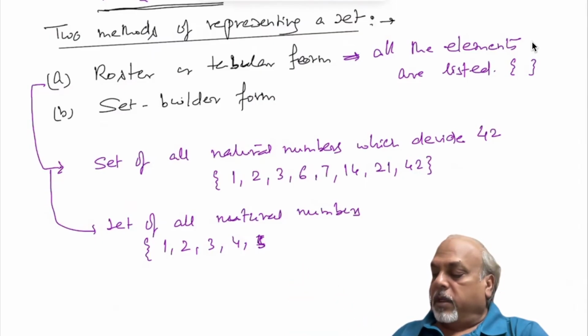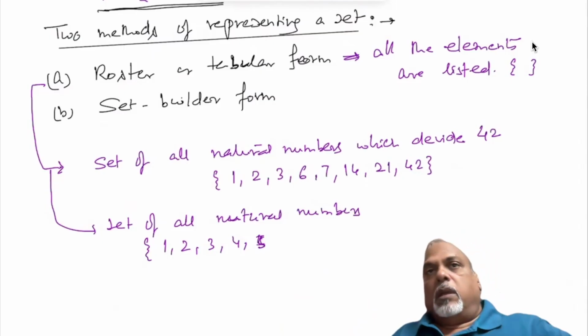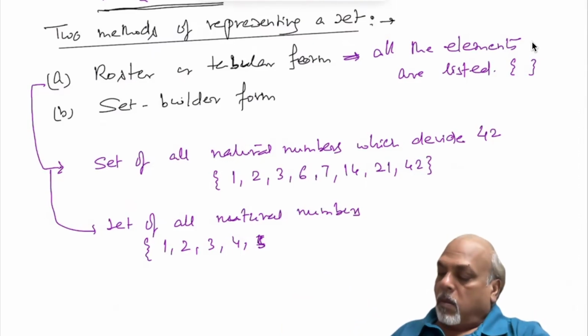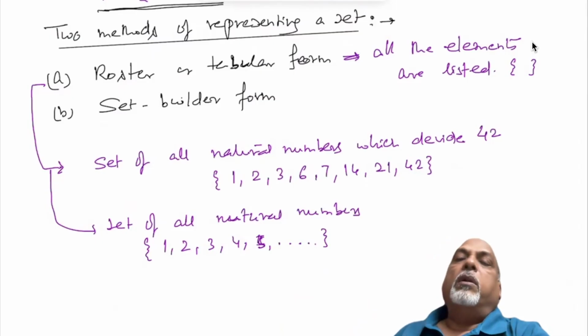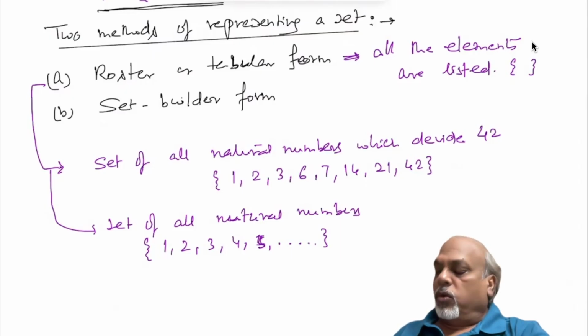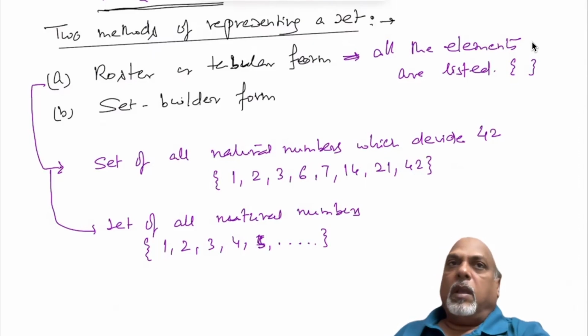Then how do we write? It is written as dots, and then the bracket is closed, because this will go indefinitely. So it is not always practical to write all the sets in the roster form. Correct?